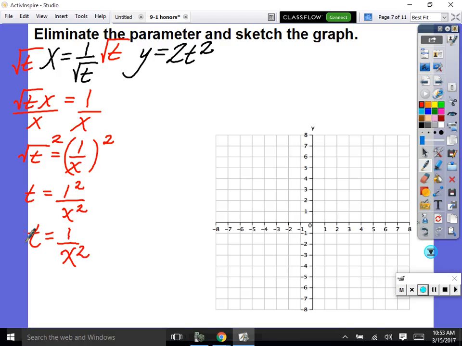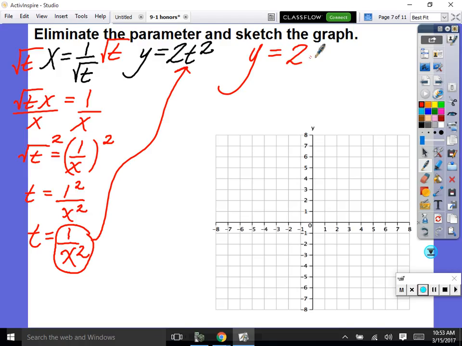Now notice, we can replace t with 1 over x squared. So now we're going to have a function y equals a function of x, which will be nice. So y is equal to 2 times, instead of t, we have 1 over x squared and then squared. Let's simplify it before we graph it.